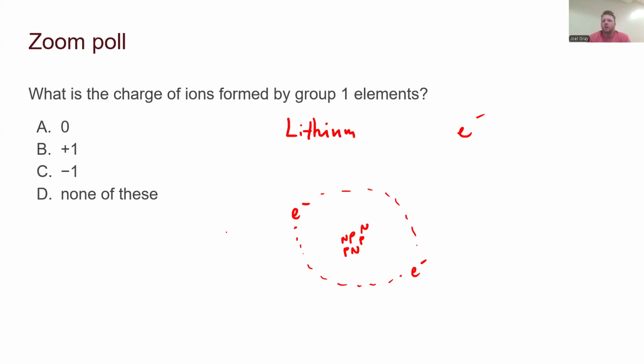When your protons and electrons are equal to one another, that's almost like playing man-on-man defense in basketball. So these three protons in the nucleus can contain these electrons pretty easily. If this third electron was right here, then they could probably do that as well.